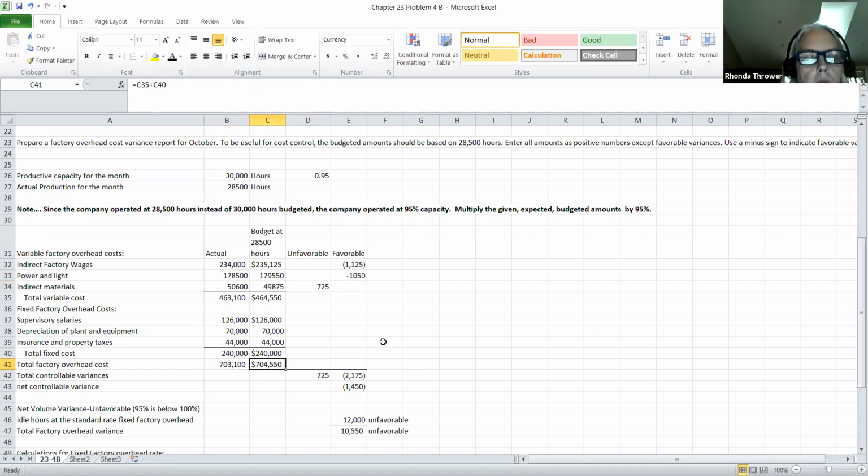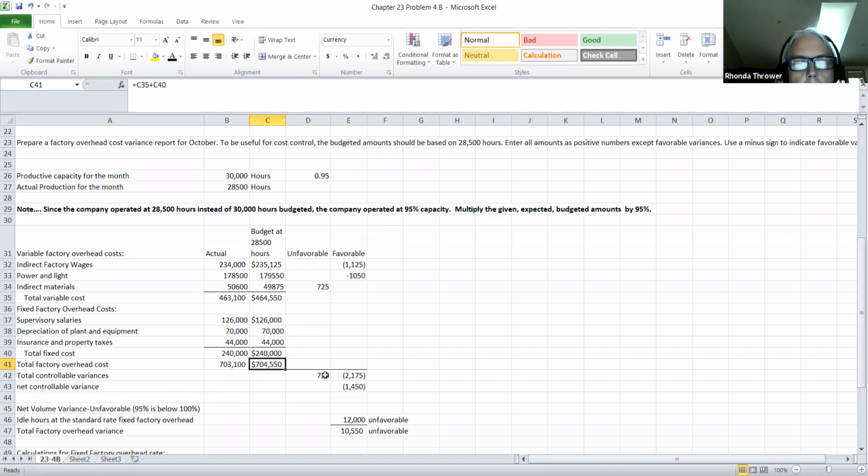To get the 704,550, you would add your budgeted variable factory overhead cost at 95% to the fixed costs that were budgeted, and that gives you 704,550.